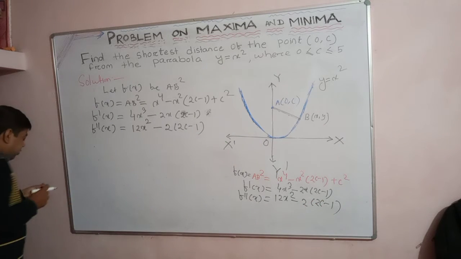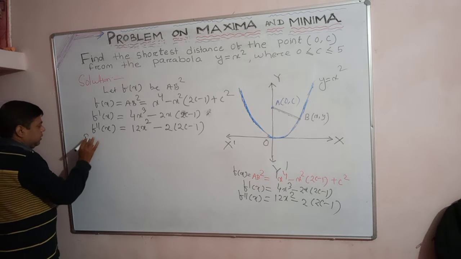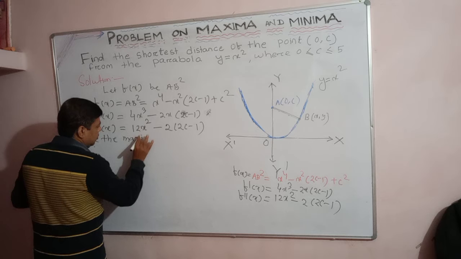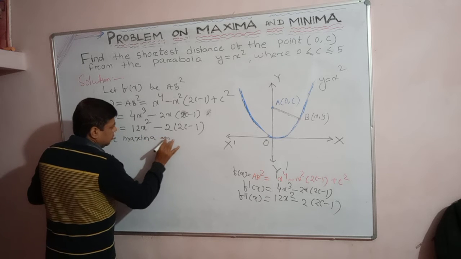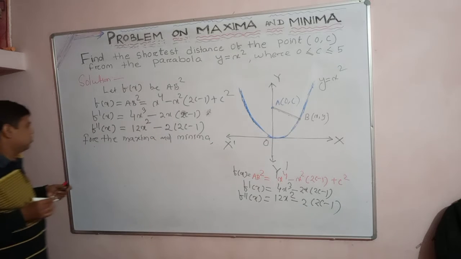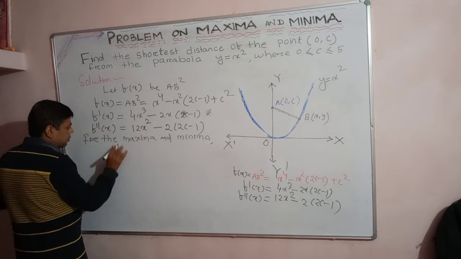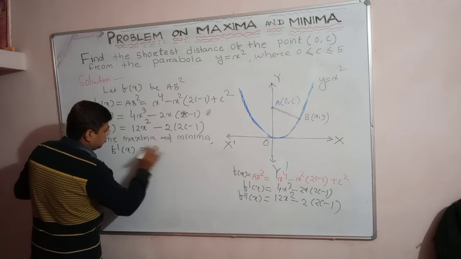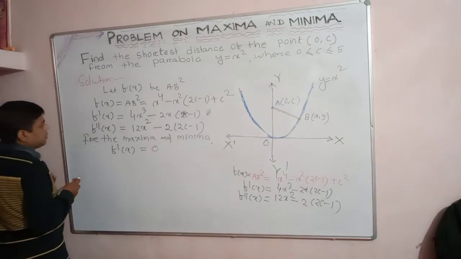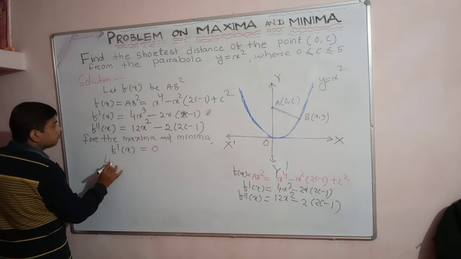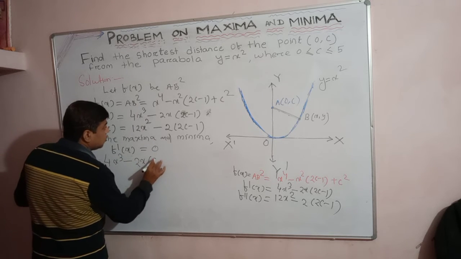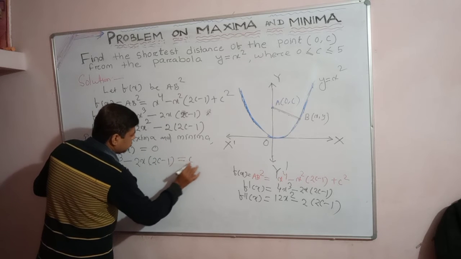We have to find out maxima and minima. To find the critical points, we equate f dash x to 0. So f dash x means 4x cube minus 2x whole into (2c minus 1) is equal to 0.